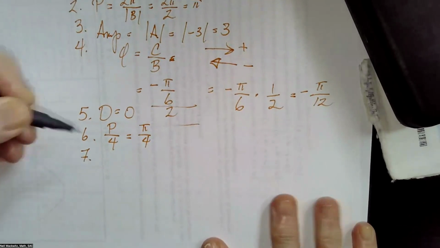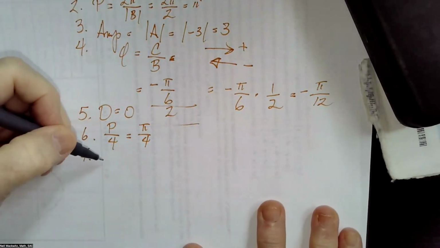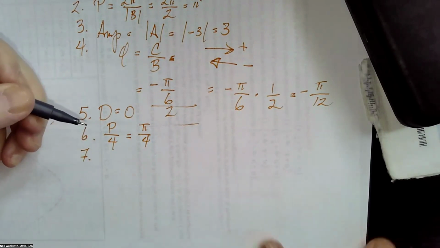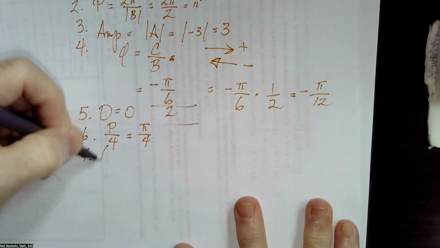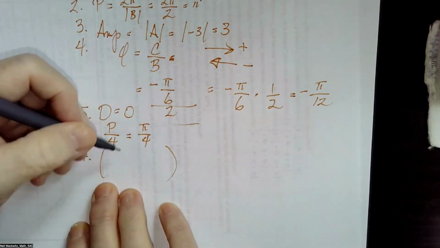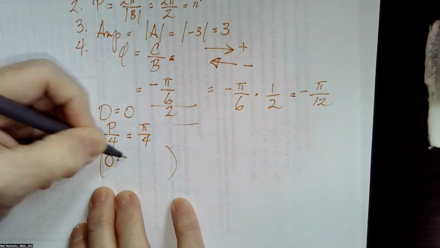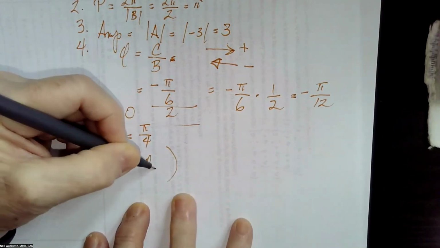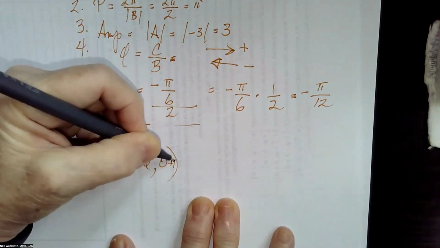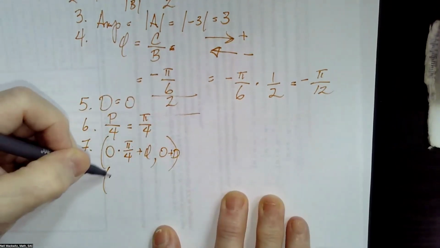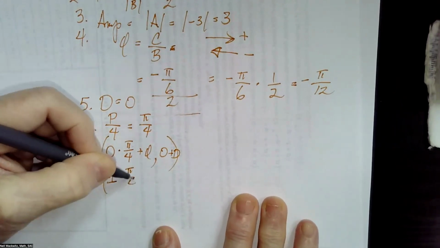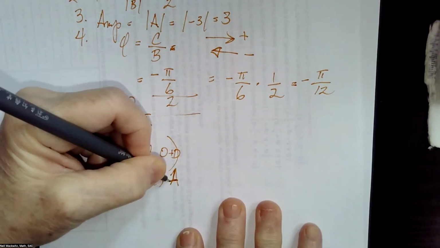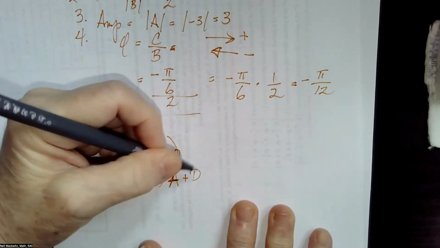So this time, to make our math cleaner, we're going to do the fractions to the side. So we start at 0 times pi over 4 plus b, 0 plus d. 1 times pi over 4 plus b, comma, a plus d.